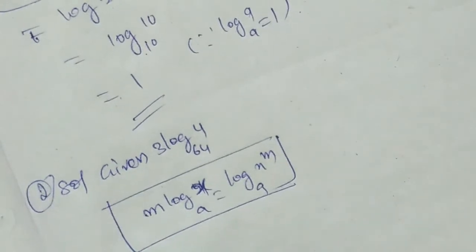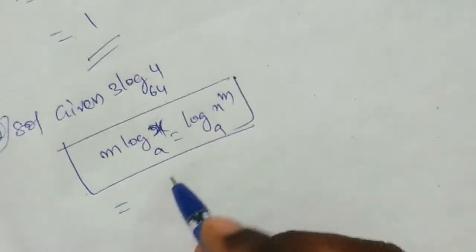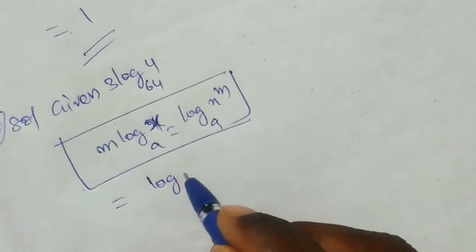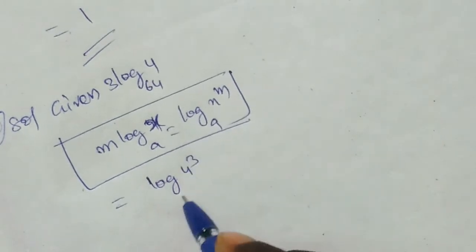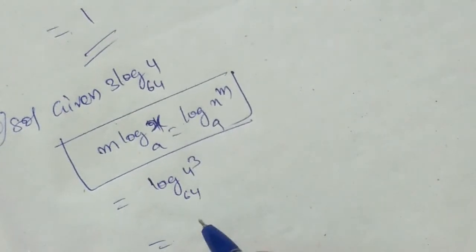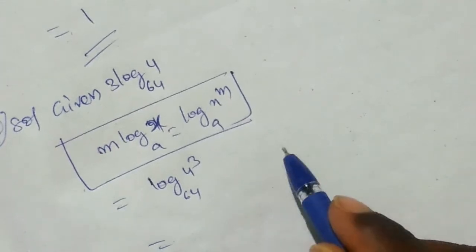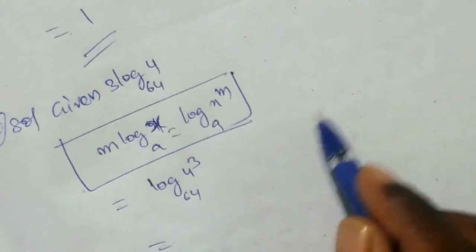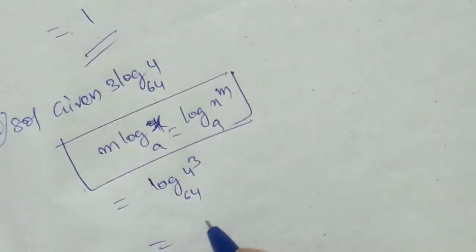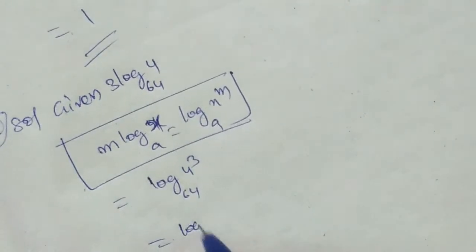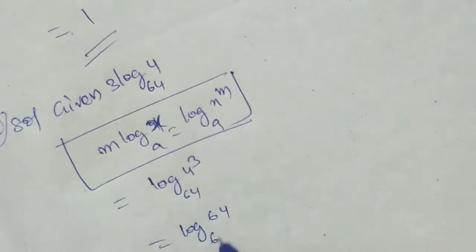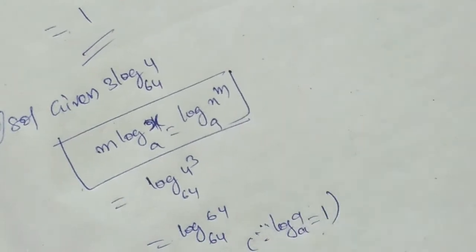So how can you write this? Yes, you are correct: log 4 cube base 64. 4 cube means 4 into 4 into 4. 4 fours are 16, 16 fours are, yes, you are correct, 64. Log 64 base 64, which has value 1. Why? Because log a base a is equal to 1.